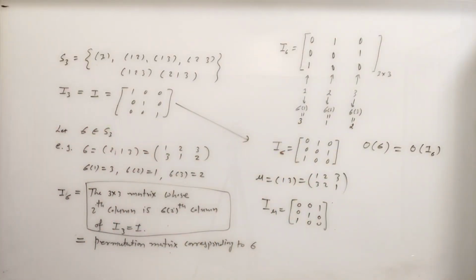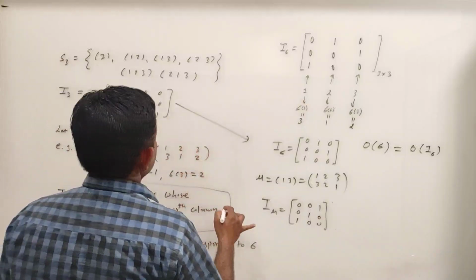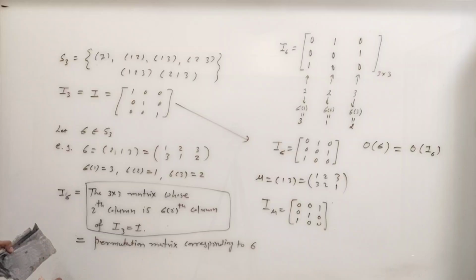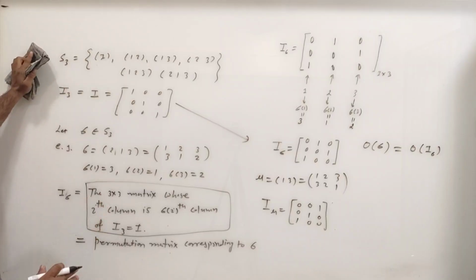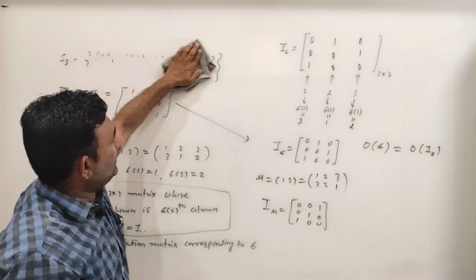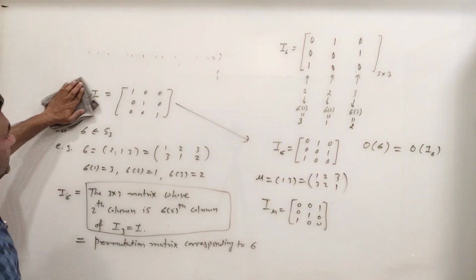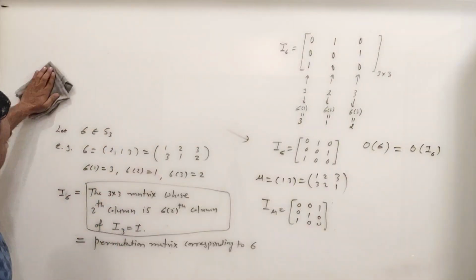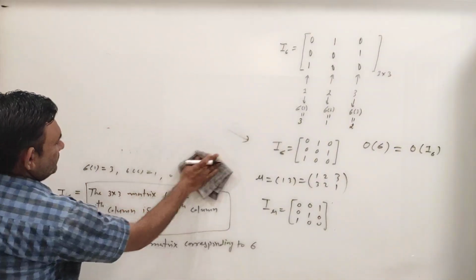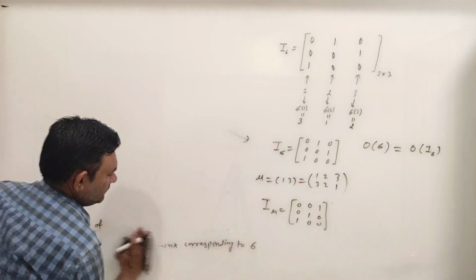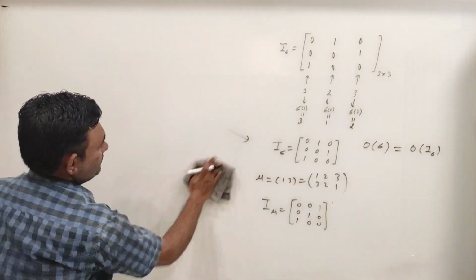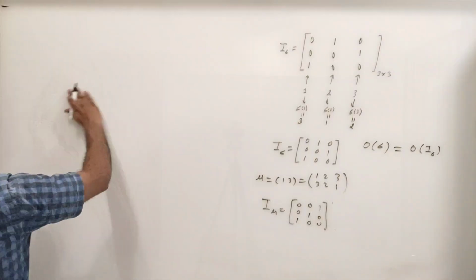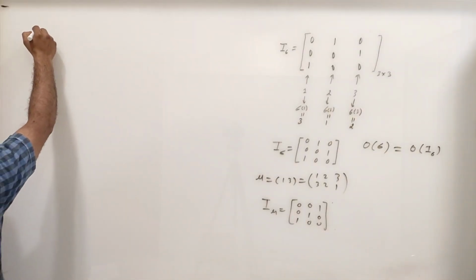Second thing, see, determinant of I3 is what? Let me write down some properties of permutation matrices. I hope you know what a permutation matrix is.